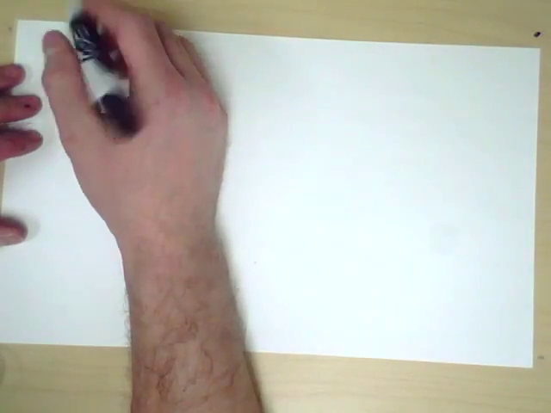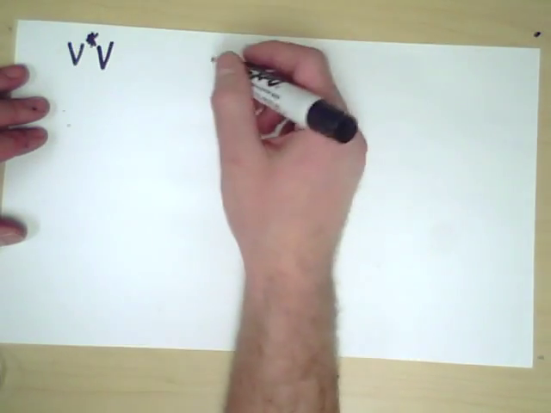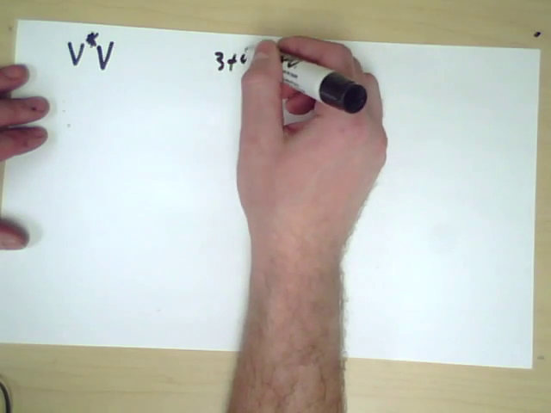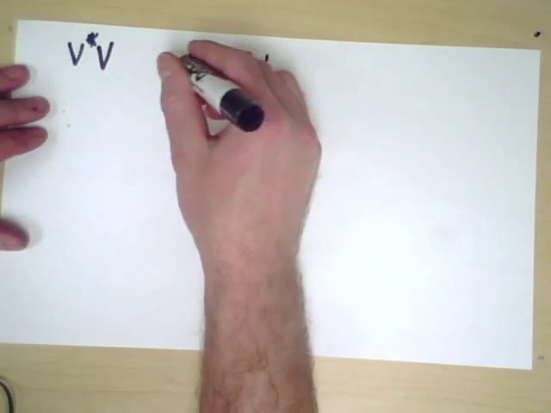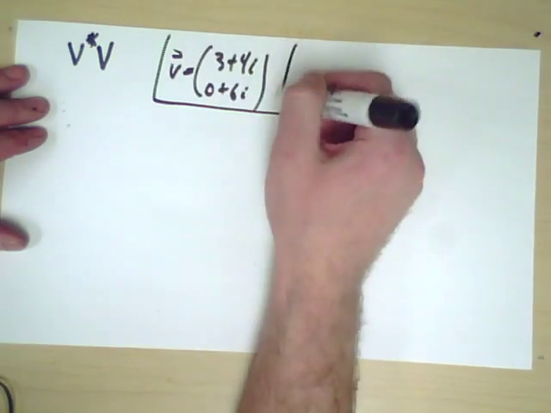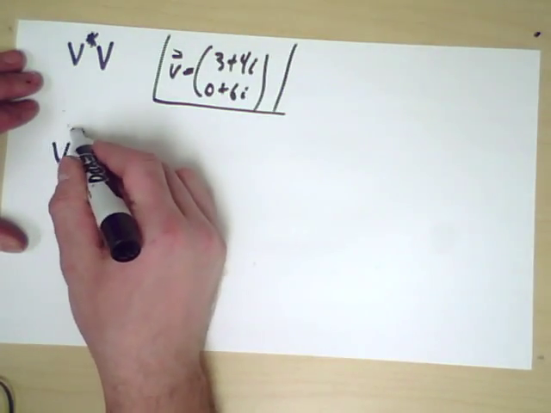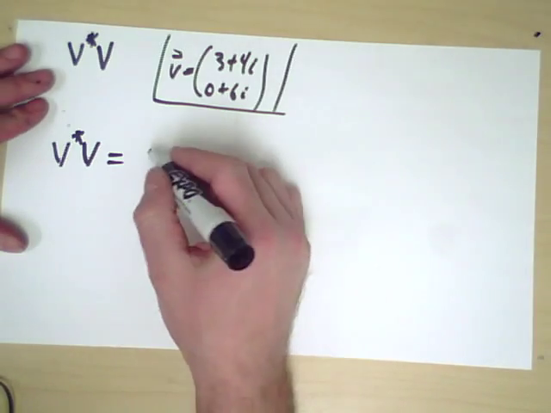So for example, let's look at V star V, which is 3 plus 4i, 0 plus 6i. That was my V. So V star V does exactly what we want.